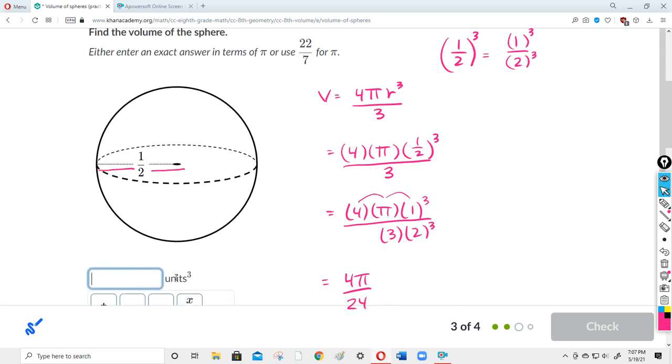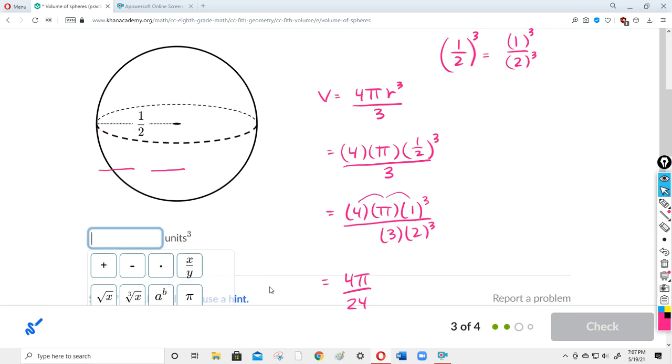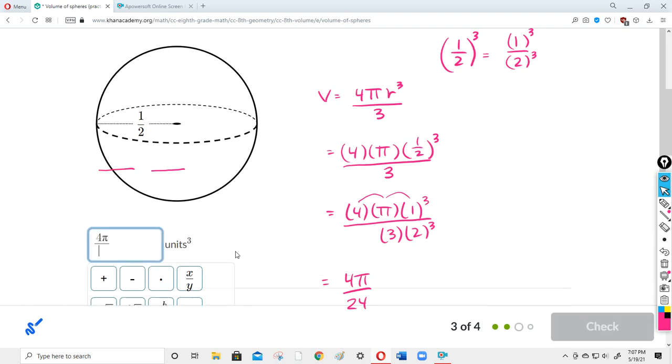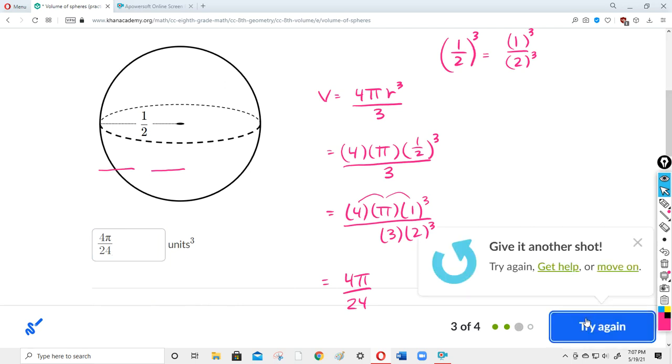So again, you can put pi on top or you can put pi out front. I'm going to put it on top this time. I'm going to do 4, click pi, hit slash 24. Okay, 4 pi over 24. Alright, it didn't accept it. Alright, let me see.